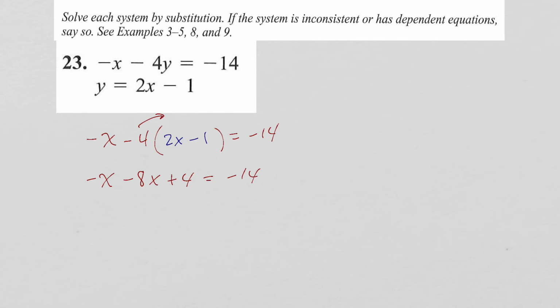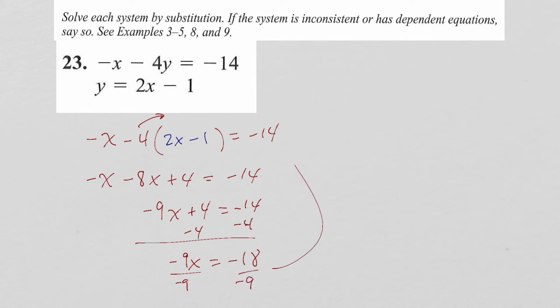Negative 1x minus 8x is negative 9x. I'll subtract 4 from each side, and I'll get negative 9x is equal to negative 18. And then I'm going to divide by negative 9. And I'm going to get x is equal to negative 18 divided by negative 9, which is a positive 2.